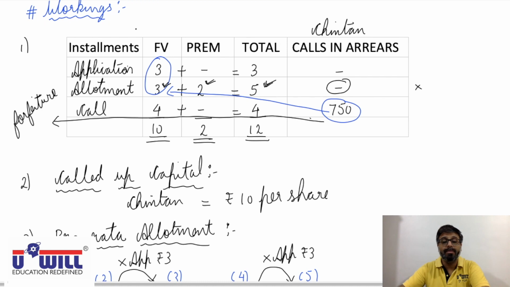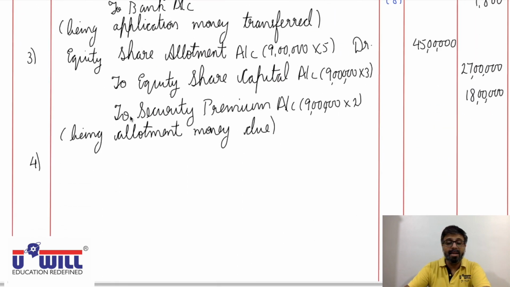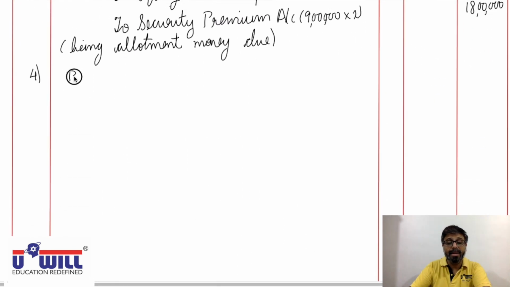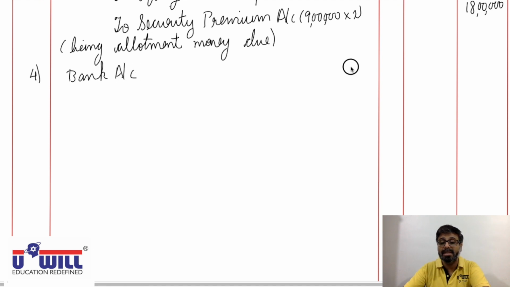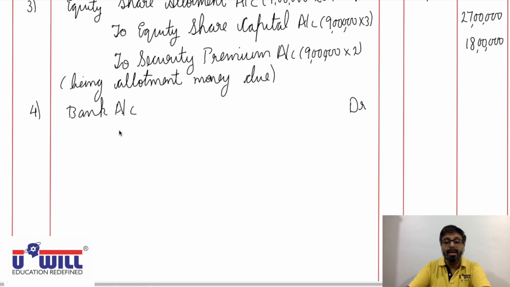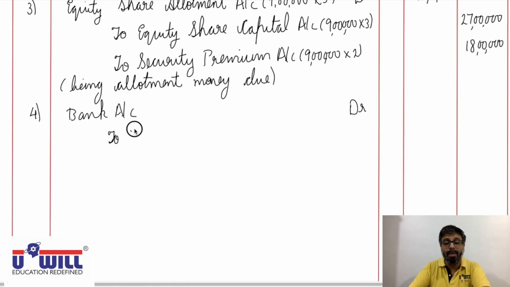We don't have. There are no calls in arrears in allotment, so a single entry will be passed. Bank account debit, whatever allotment money is received, bank is the receiver, debit the receiver. And to equity share allotment account to close the account.